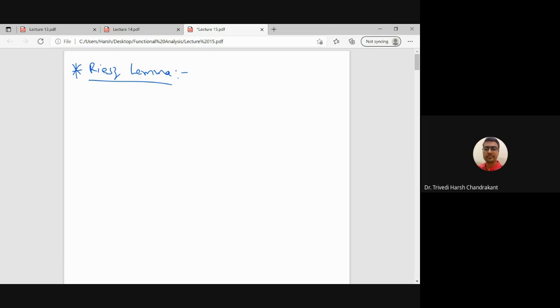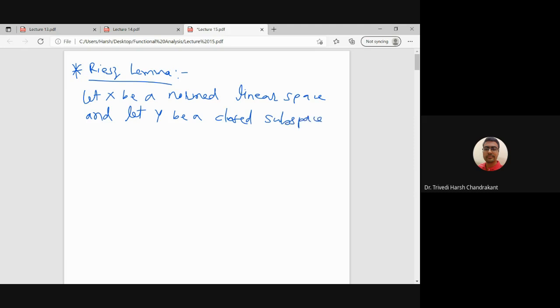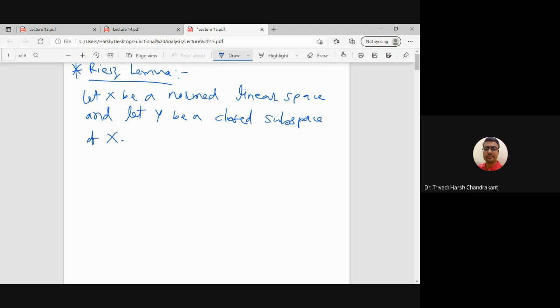So let us start. We know that whenever we are discussing the quotient norm, we are taking Y as a closed subspace of a normed linear space. So let X be a normed linear space and let Y be a closed subspace of X. In this case, this result is regarding a number r between 0 and 1.